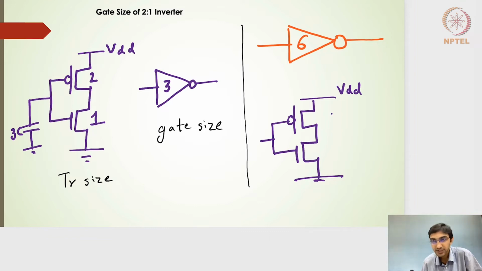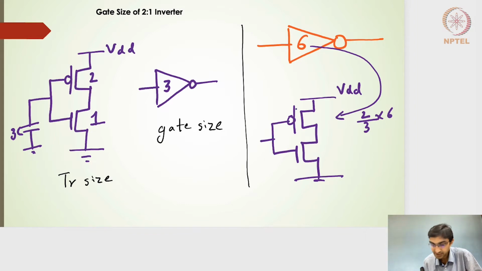And we know that, in a long channel current model, we need twice the size of the PMOS transistor as that of the NMOS, so that the beta values are the same and I get the same rising current and falling current, which gives the same falling resistance and rising resistance. So from this 6C capacitance, we need to accommodate 2 by 3 parts multiplied by 6.